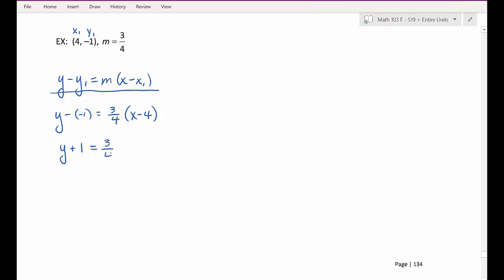That'll be 3/4 x minus 3. Those 4's are going to cancel out when we distribute that fraction. And last thing I need to do is isolate y, so we'll subtract 1 from both sides. This gives us the equation y equals 3/4 x minus 4.